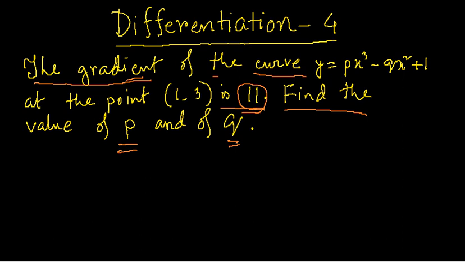That means this 11 is the gradient of this curve at this point (1, 3). So since it is given that the gradient is 11, first of all we will define the gradient of this curve.